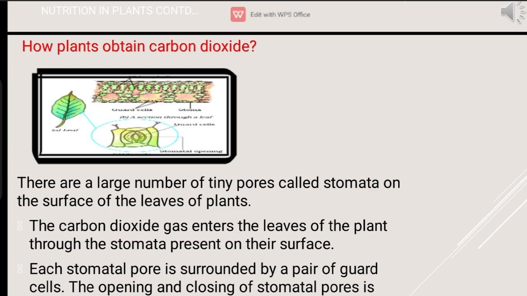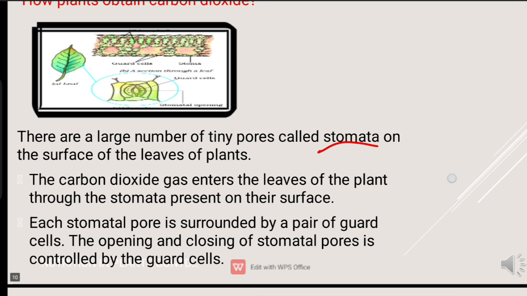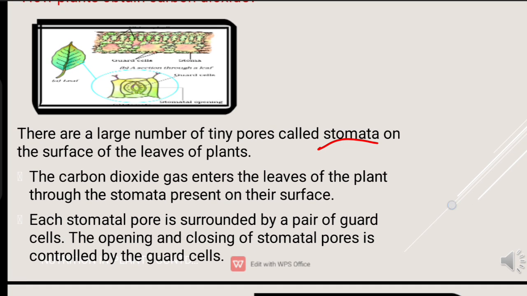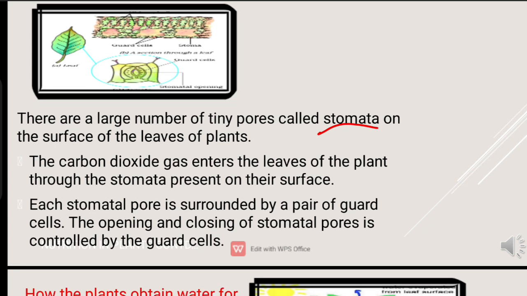These tiny pores are present on the leaf, and these stomata allow carbon dioxide to enter the leaf of the plant. Each stomatal pore is surrounded by a pair of guard cells. The opening and closing of the stomatal pore is controlled by the guard cells.